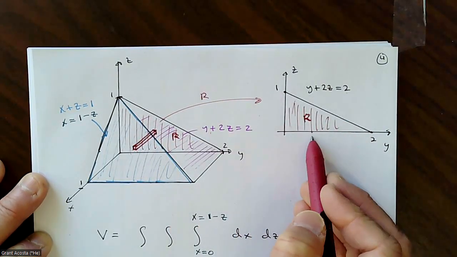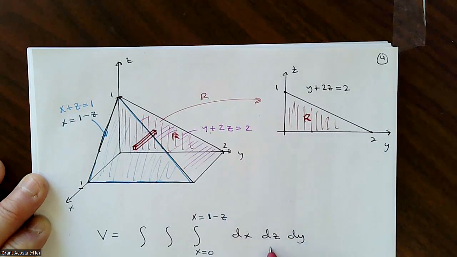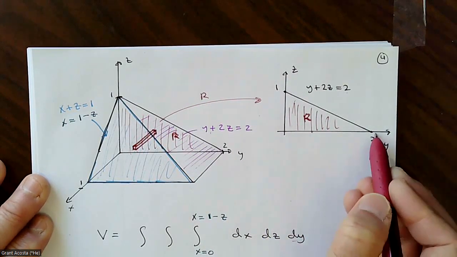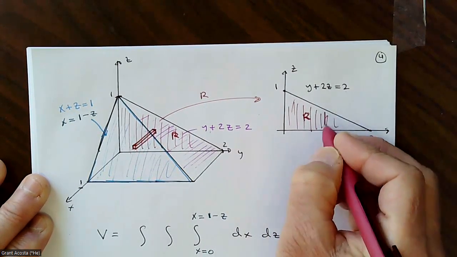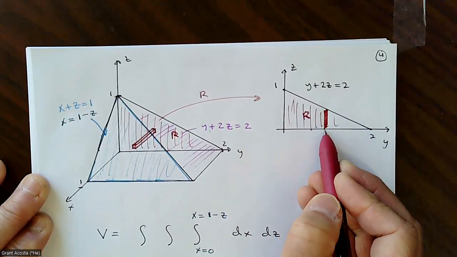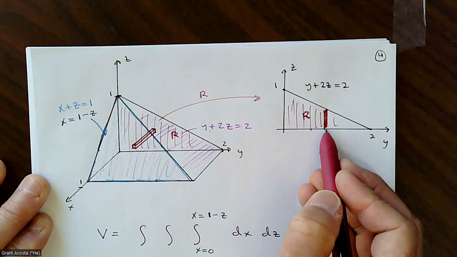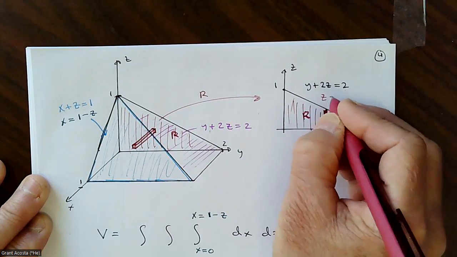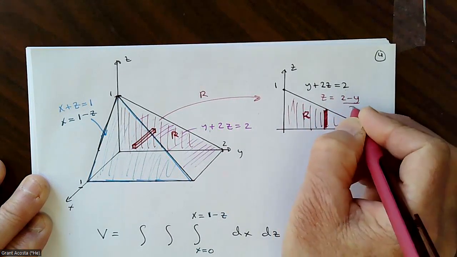That's just this back triangle right here. So for doing dz dy, what I want to ask myself is, for a given y value, some random y value, what does z always stretch from? In other words, if I put a vertical rectangle in there, it would stretch from z equals 0 to this equation. So I'd have to solve that for z. That would be (2 minus y) over 2.